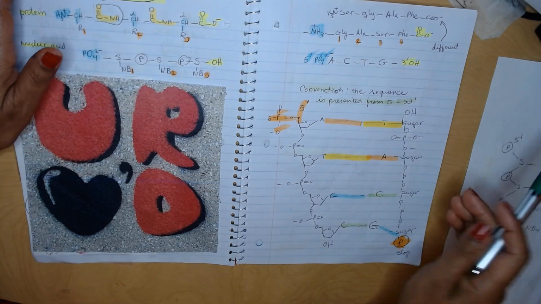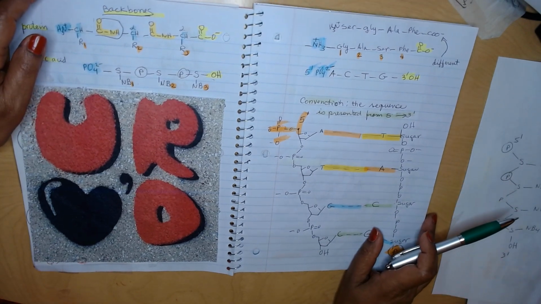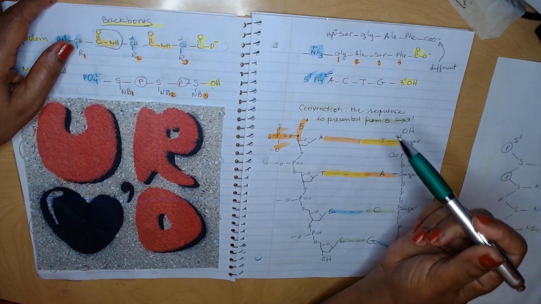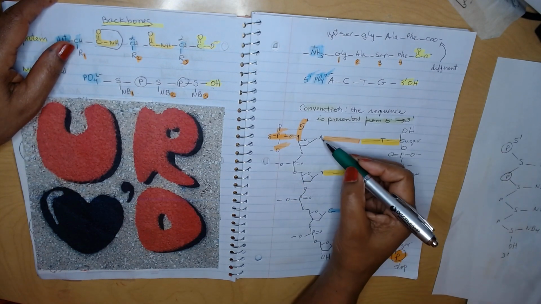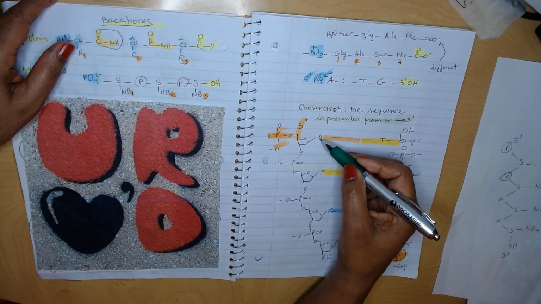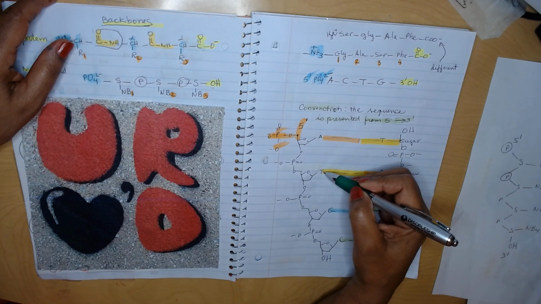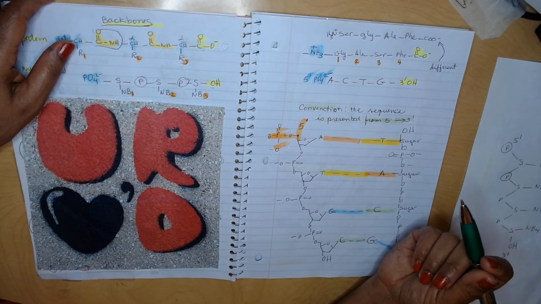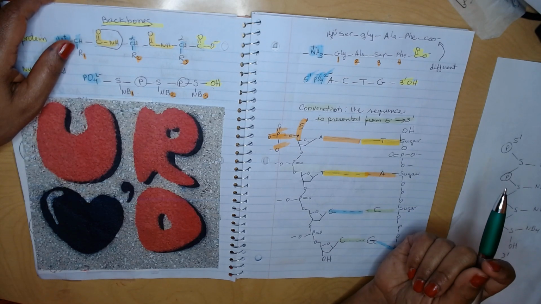It's important to remember the convention that the sequence of nitrogen bases is of extreme importance because it is in the sequence of the nitrogen bases what is changing. We say that nucleic acids will have a repeating pattern.